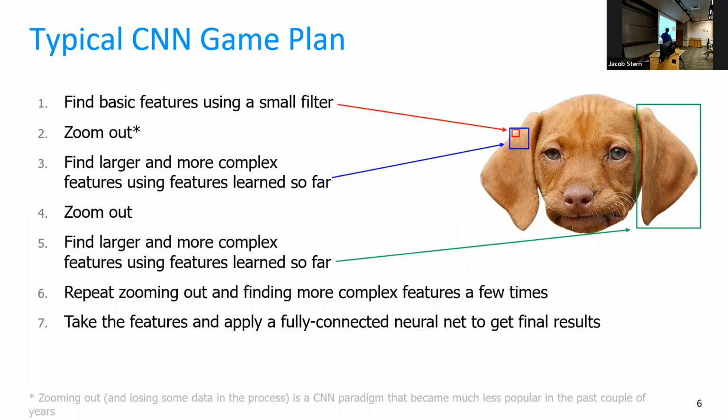And then continue, etc., until we're recognizing larger objects like dog ears, dog faces, etc. And then one important note is that usually in the end, we apply a fully connected network to translate that last feature vector into certain scores for different classes.